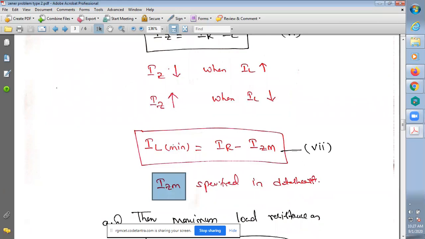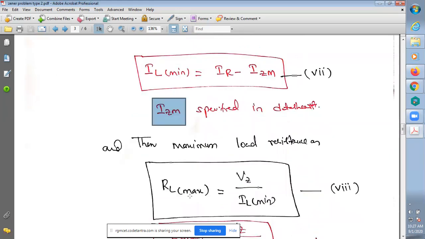Once you know IL minimum, we can easily calculate the maximum load resistance RL max, which is equal to Vz by IL minimum.